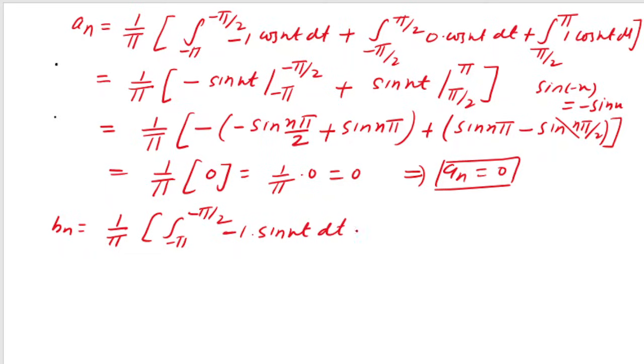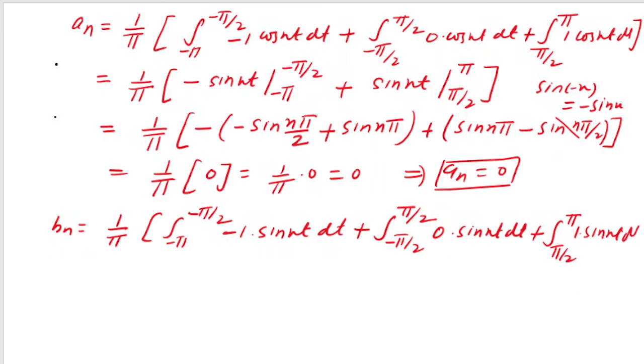And should I write this? Or let me write, otherwise some of you will feel that I am not writing. So 0 into sine nt dt, and plus again pi by 2 to pi and 1 into sine nt dt.